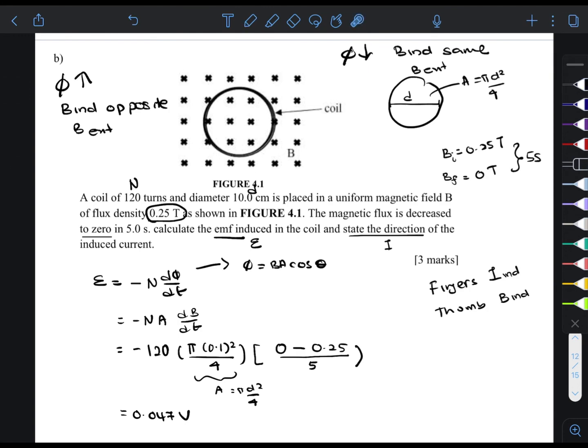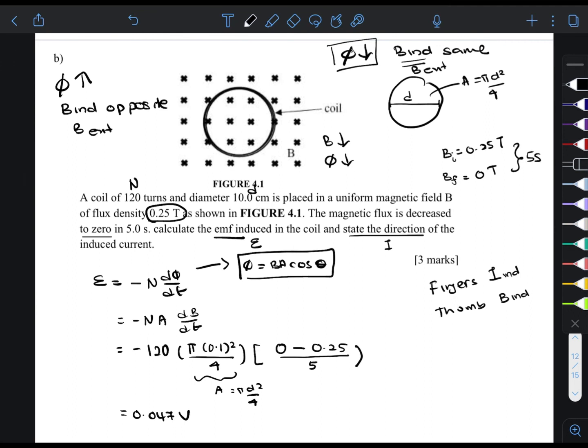So let us look at the changes that happen. The change happens through B changing, initially 0.25, finally 0. As we can see, the value of our magnetic field decreases. B decreases. Since B decreases, the flux will decrease because flux is equal to BA cos theta. When B decreases, our flux also decreases. Since the flux decreases, we will induce B in the same direction as our B external.